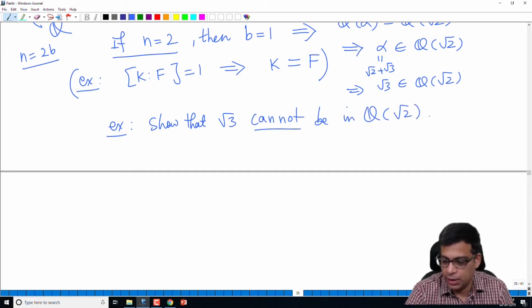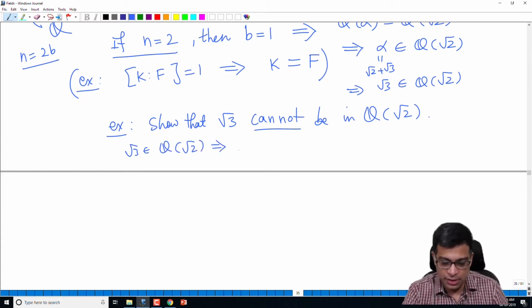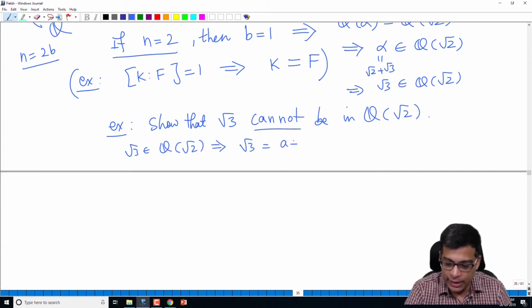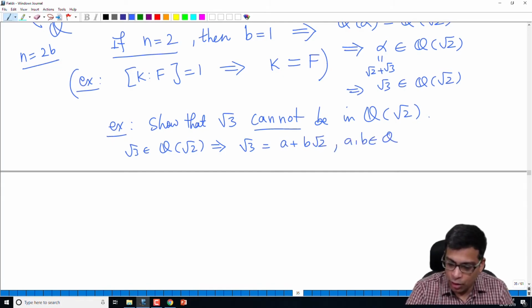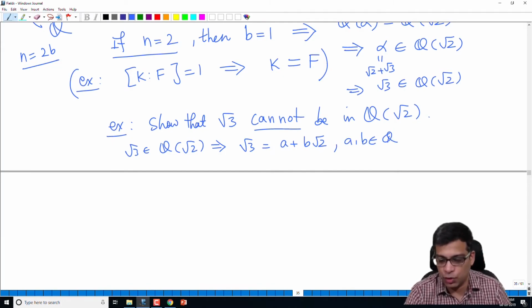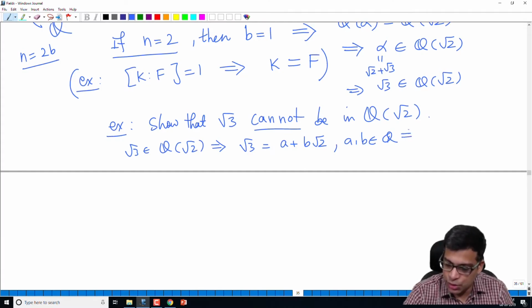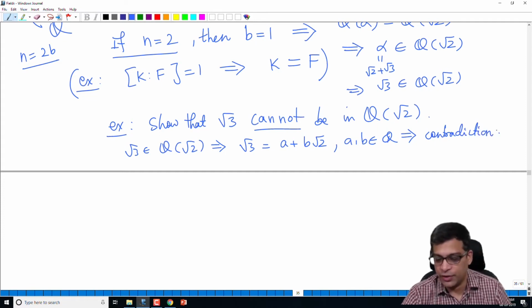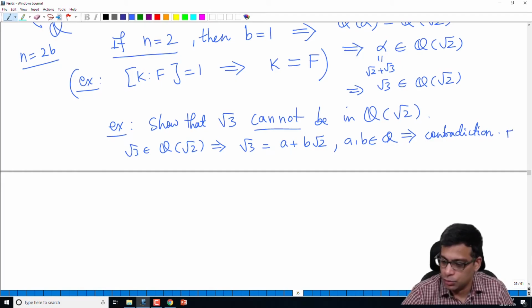This is very easy because if it is there, I will just start the proof and leave you the details. If root 3 can be written as a plus b root 2, where a and b are rational, recall the basis of Q root 2 over Q is 1 and root 2, and this leads to a contradiction. Root 3 cannot be written as a rational number plus another rational number times root 2.